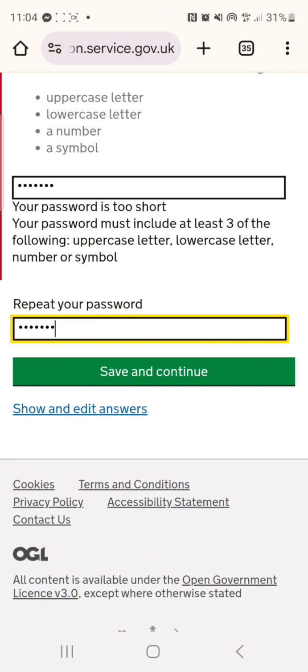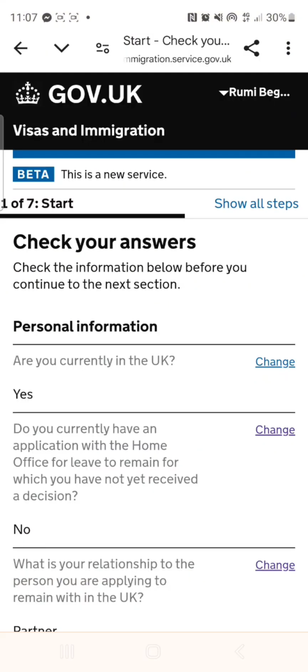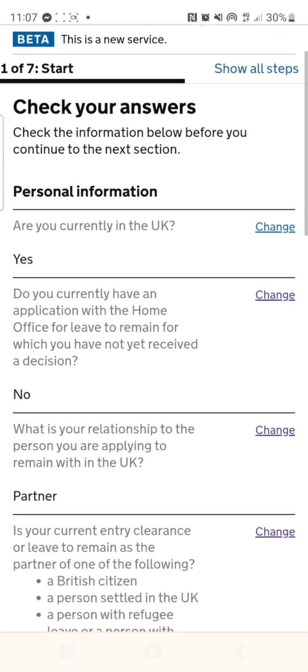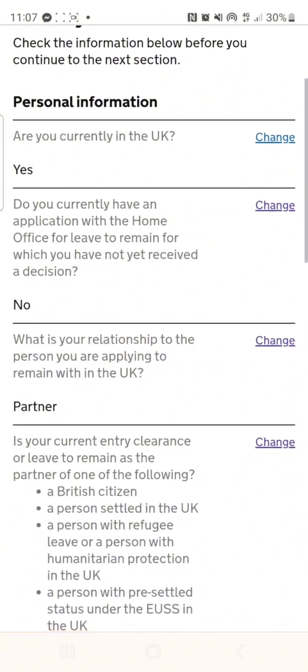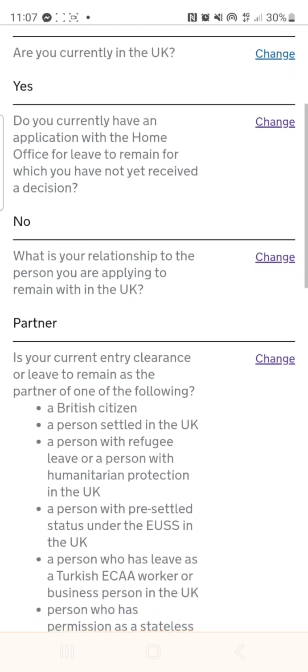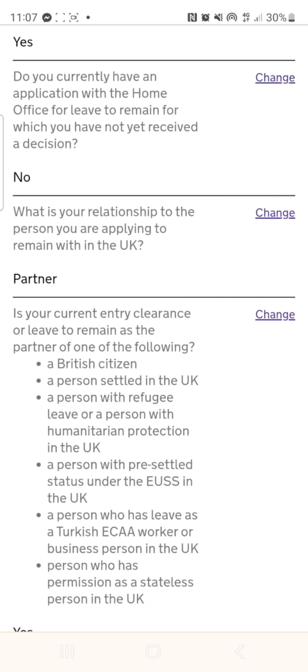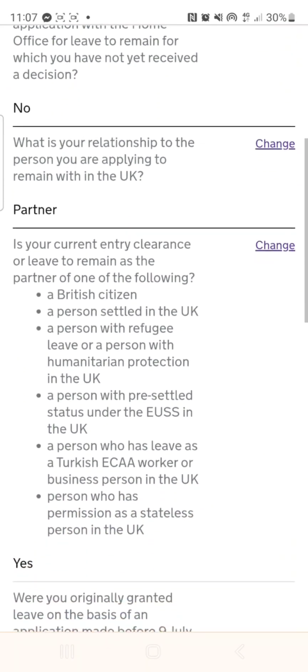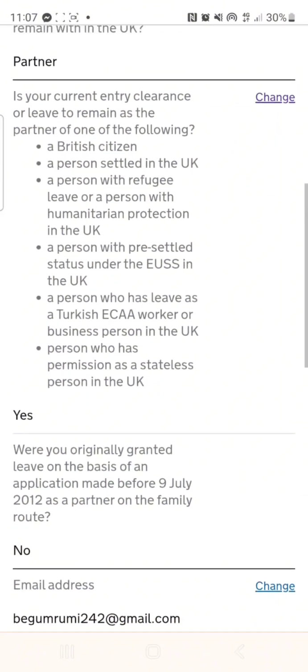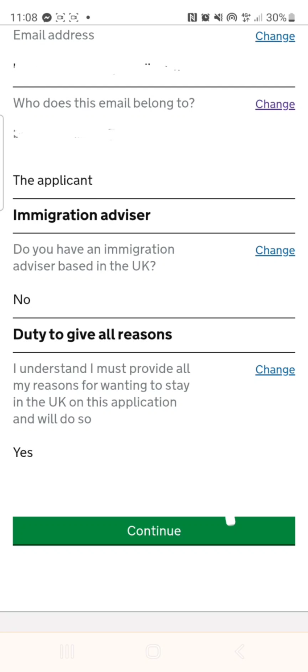After you set up your password, you can check your inbox and then come back to your application and check your answers. Personal information: you have already filled up this form. Are you currently in the UK, and all those details you have put already. You can check it here, and you can check it later and come back to the application.